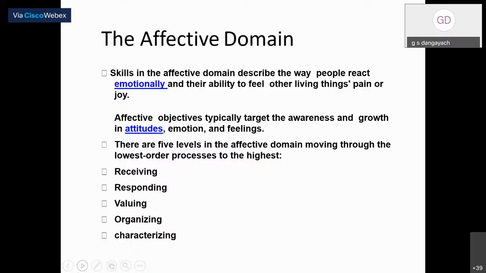Affective objectives typically target the awareness and growth of attitudes, emotion and feelings. There are 5 levels in the affective domain, moving from the lowest order processes to the highest. Similar to the cognitive domain, where we had 6 categories, here we have 5 categories. Which are the 5 categories? Receiving, responding, valuing, organizing, and characterizing.